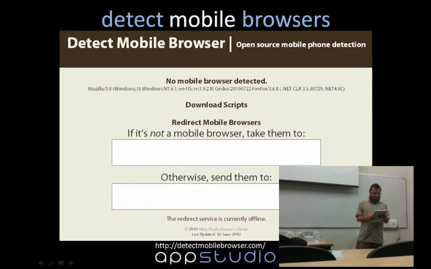Okay. So now there's also a nice web page that's called detectmobilebrowser.com. Now let's say that you're a little more hands-on and you want to do everything manually. You will have the option of just picking what mobile browsers you want to capture and how you would like to capture it.